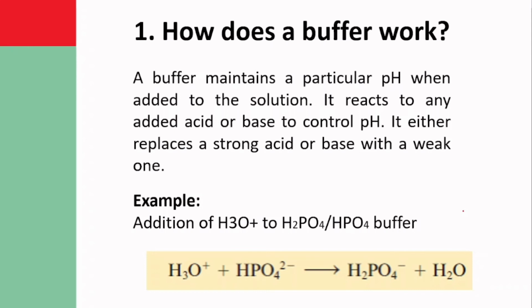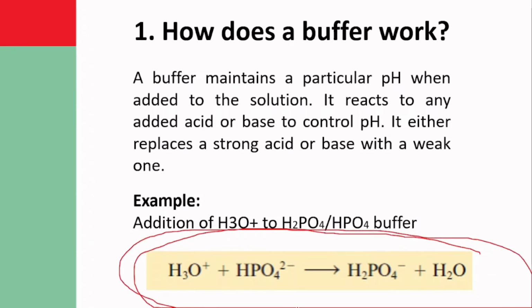Since hydronium ion is added, which is an acid, the one that will react in the buffer is the conjugate base. That's why the reaction would be this one. Okay? That is how our buffer works, like what we discussed in our laboratory proper. The buffer just maintains a particular pH when you add it to a solution. So, that's basically how your buffer works.